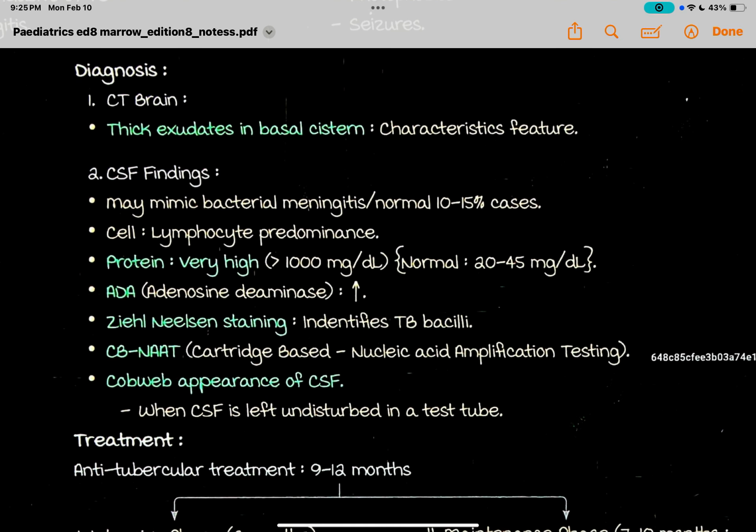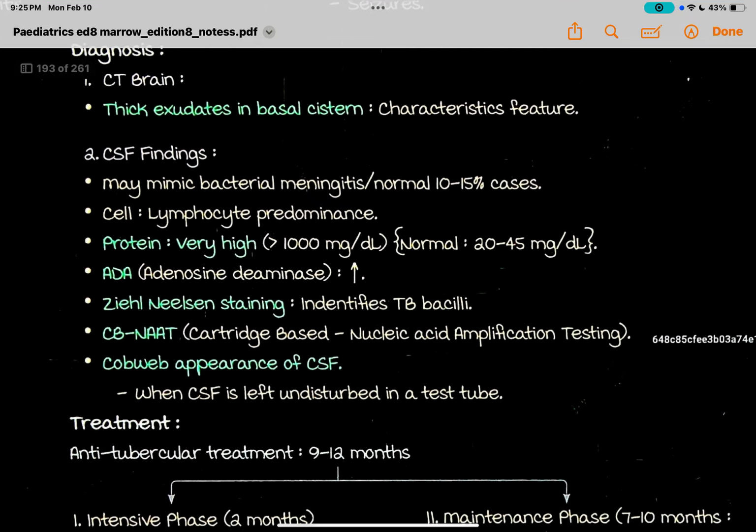Diagnosis: CT brain shows thick exudates in the basal cistern, a characteristic feature.